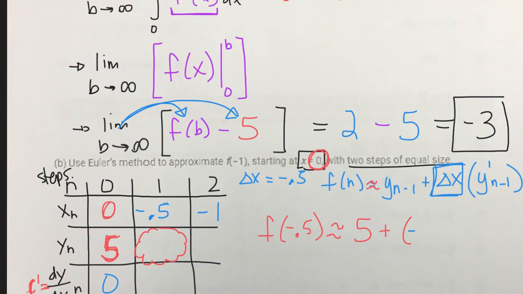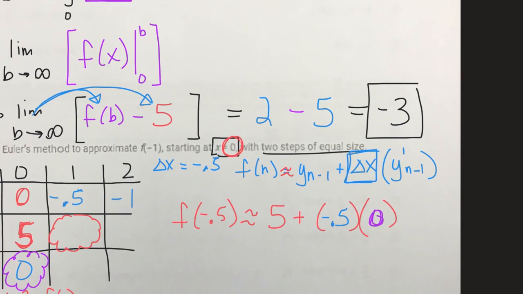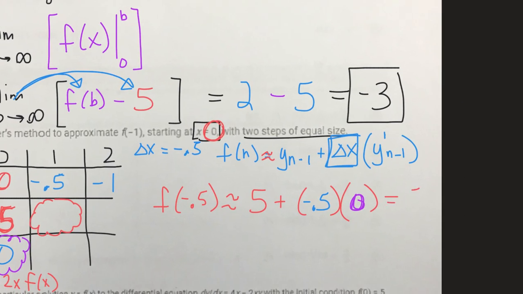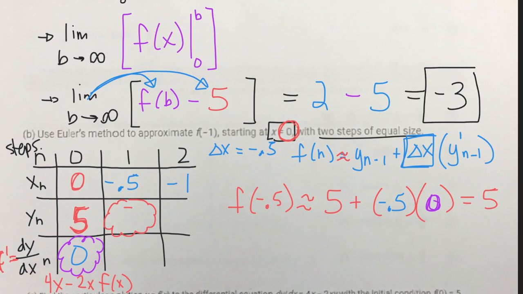That is our delta x, our change in x, times what was our previous derivative? That's from down here. Our previous derivative was 0. That was our slope down there. So this just comes out to be 5, doesn't it? So we put a 5 in here because that's our approximation.